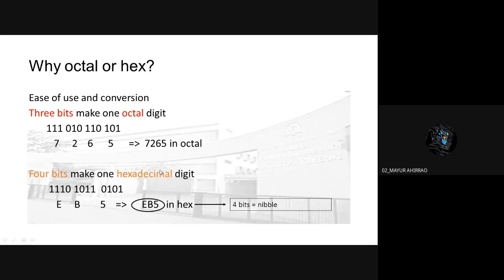How can you represent 15? 15 is represented by 1, 1, 1, 1. So the maximum number of binary bits required for a hex digit is 4. So 4 bits make one hexadecimal digit.